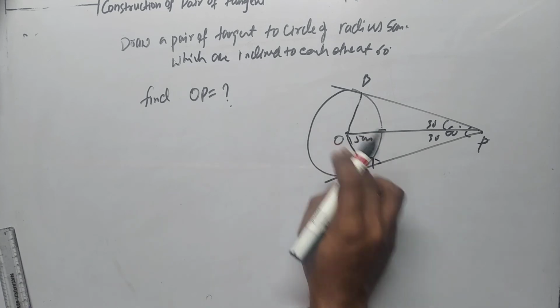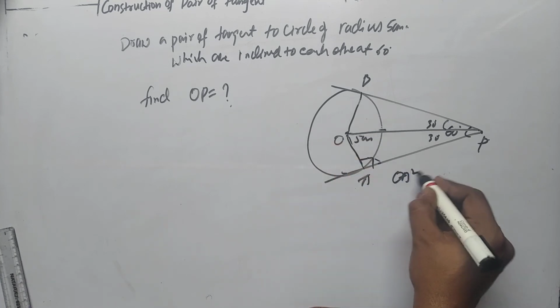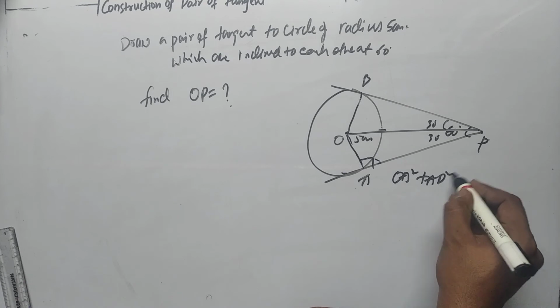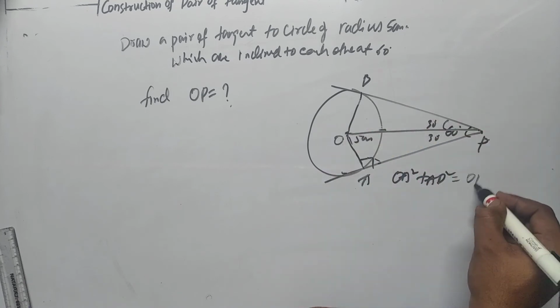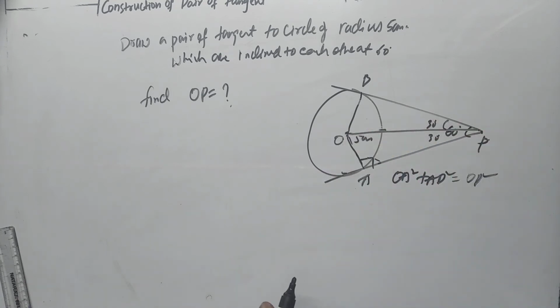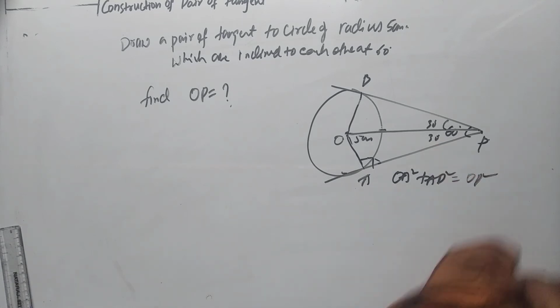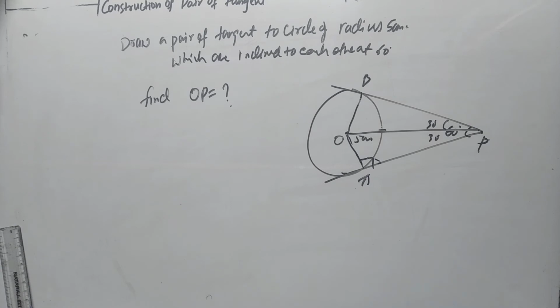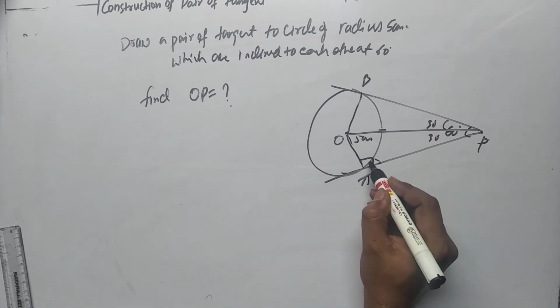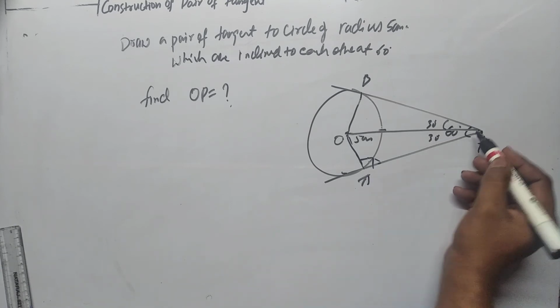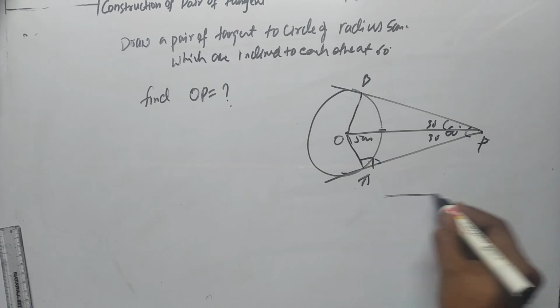With the help of Pythagoras we can say that OA square plus AP square is equal to OP square. Or else we can apply the trigonometry ratios. See here, this is a right angle triangle, so I'm just drawing this triangle here.